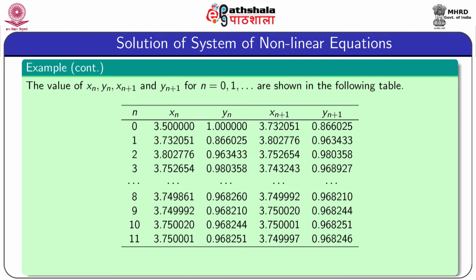All the values of xn, yn, xn plus 1 and yn plus 1 for n equal to 0, 1 up to 11 are calculated in the following table. The first row represents the values of x0, y0, x1 and y1, and the last row represents the values of x11, y11, x12 and y12. From the last two rows we see that the iteration scheme converges to the root 3.75000, 0.96825. So, this is a root correct up to 5 decimal places.